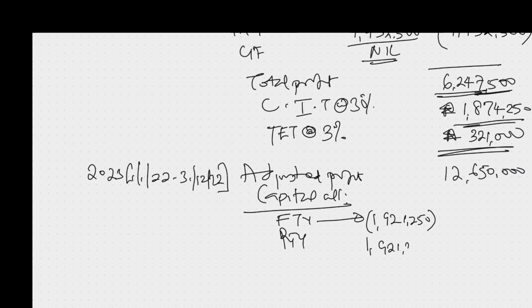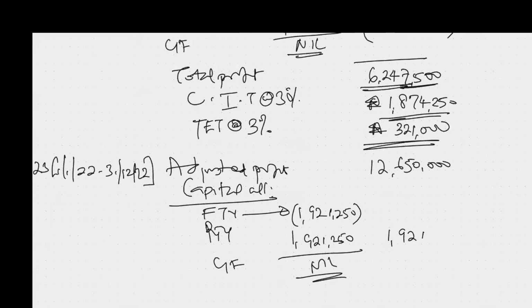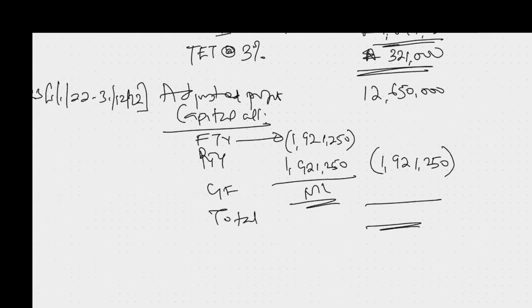So I'll come here, 1,921,250. And total profit: 10,728,750 naira. Thank you. 30% of that: 3,218,625 naira, company income tax.